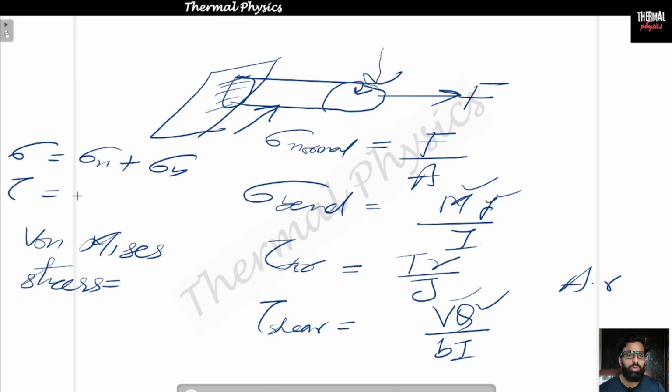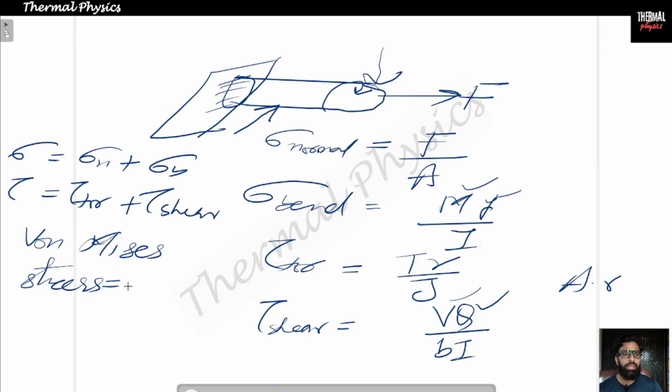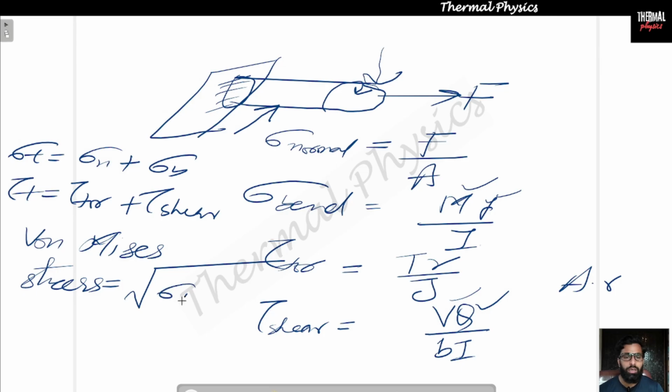Then we calculate the total tangential stress, which is the torsional stress plus shear stress. Then we calculate the von Mises stress using the formula: square root of total normal stress squared plus 3 times total tangential stress squared.